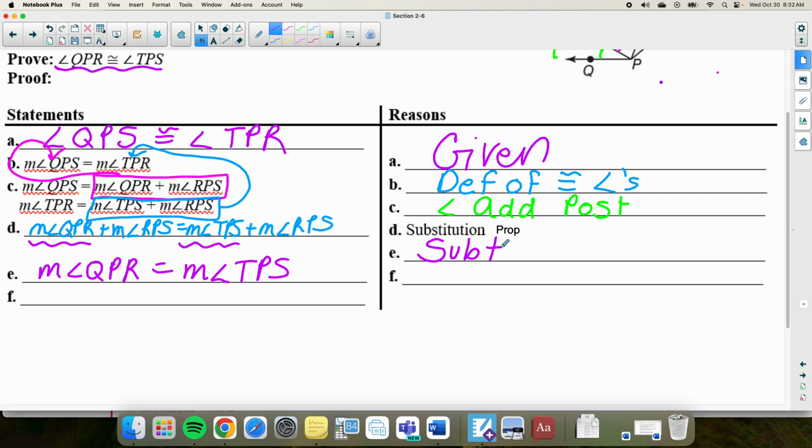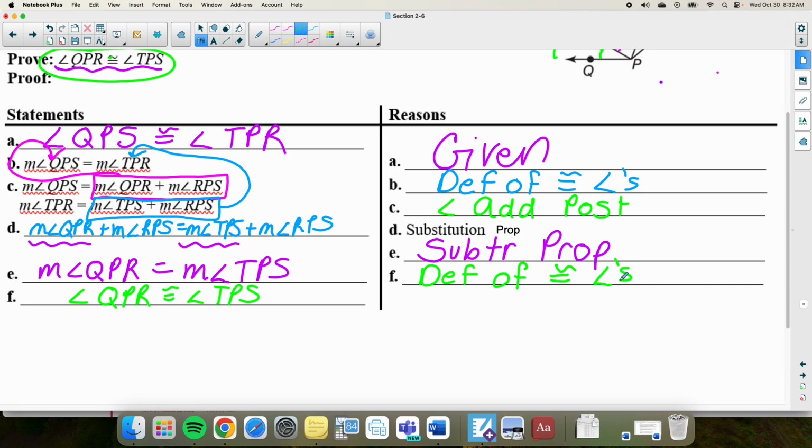Make sure you write SUBTR and then prop. Now the last thing I have to do is put back on the squiggly and get rid of these M's so that it looks like this. So I'm going to say angle QPR is congruent to angle TPS, and that is by definition of congruent angles.